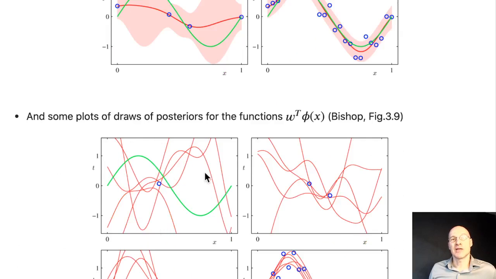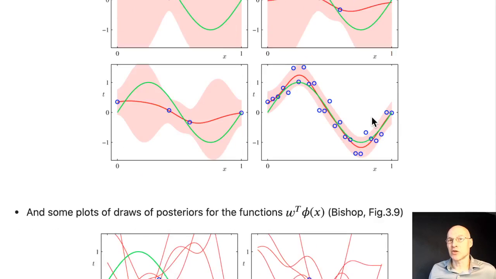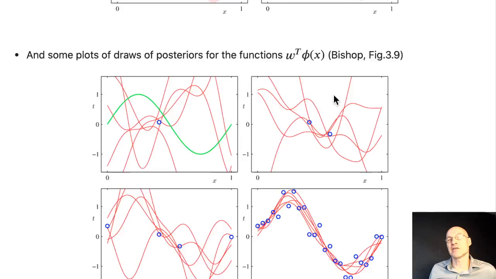They're all over the place, but they kind of come together around here. You can do the same for 2 data points. Again, not much uncertainty around here, but lots of uncertainty where I haven't seen any data yet. I can make new curves again, and we see that also here. So not so much uncertainty here, but lots of uncertainty here.